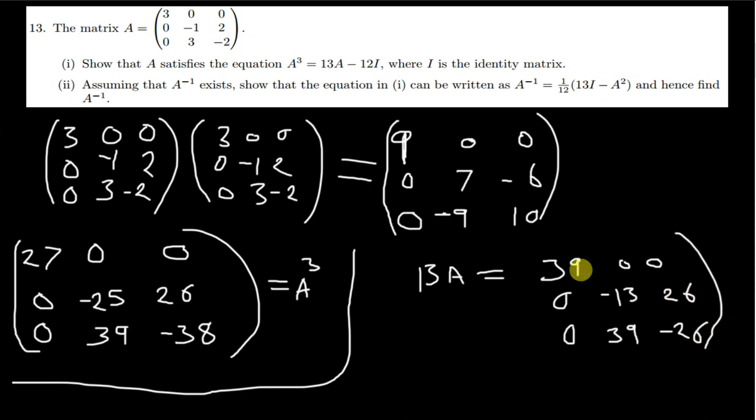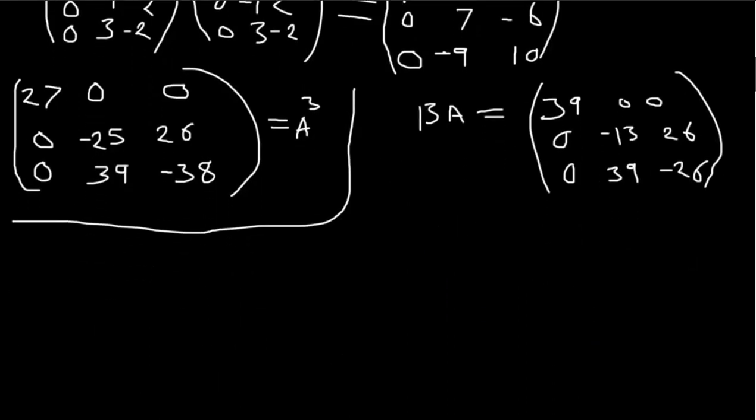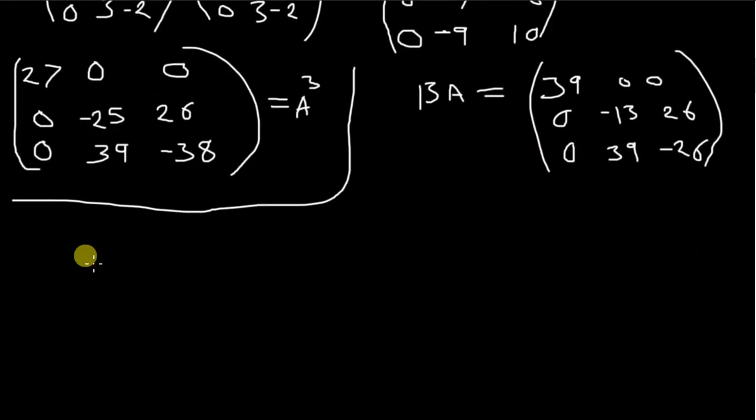So here now, this is what we're going to now subtract. Let me also find 12i. 12i, let me just write it properly. So 12i is nothing but 12 times the identity matrix for a 3 by 3 matrix, which is this.